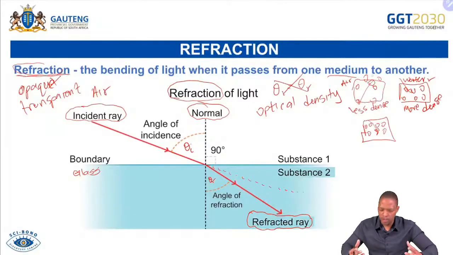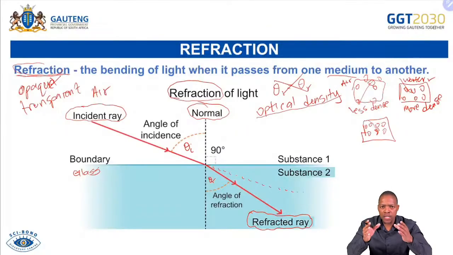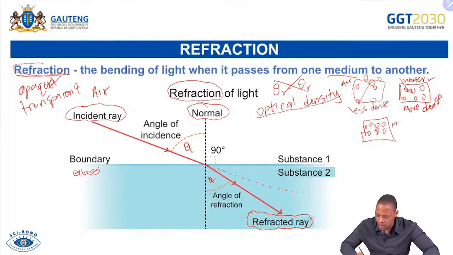I hope you understand me when I'm trying to explain this issue of optical density, right? When light passes through air, it should pass relatively easily when we compare to light that wants to pass through what? Through glass. So when you think light will have difficulty passing through that material compared to where it was coming from, then you would say that material is more optically dense as compared to the previous material.